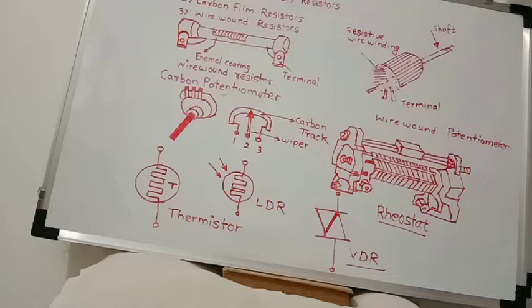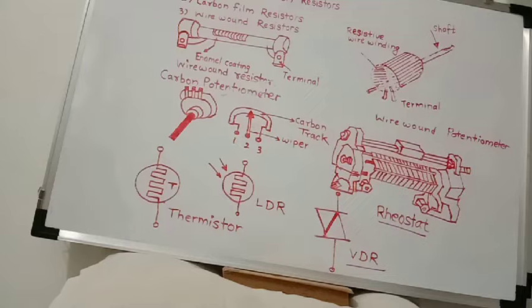They are manufactured by mixing granules of carbon with some binding material, and then this mixture is molded in cylindrical form, and two tin copper leads are inserted on the two sides of the resistor, and the whole structure is sealed with some non-conductive material.